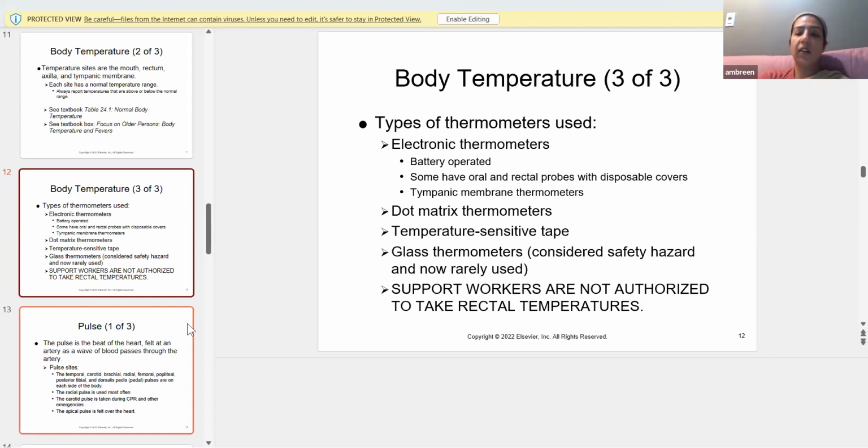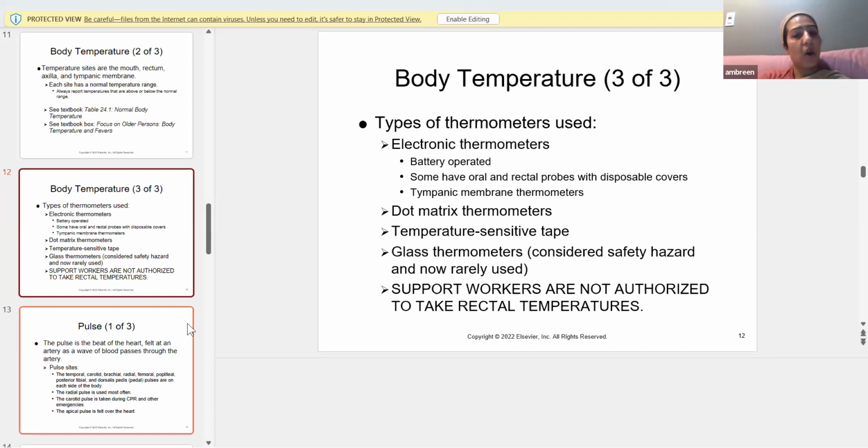We don't use these glass thermometers anymore. Maybe we use them at home, but in hospitals or in any residential care where you work, we don't use them. We only use electronic or battery operated ones, the small ones, or the machine operated ones, which work on electricity.